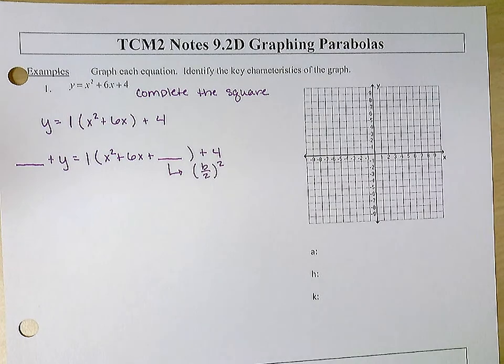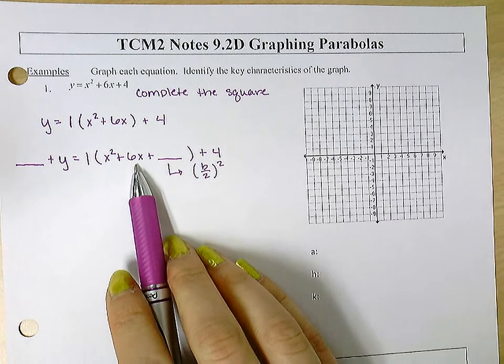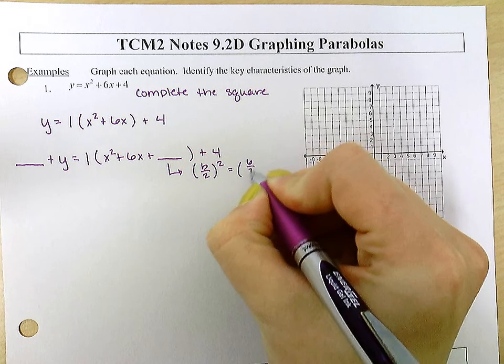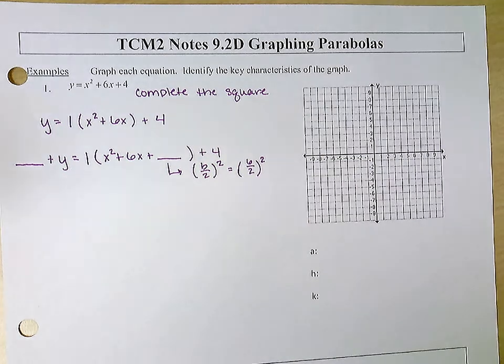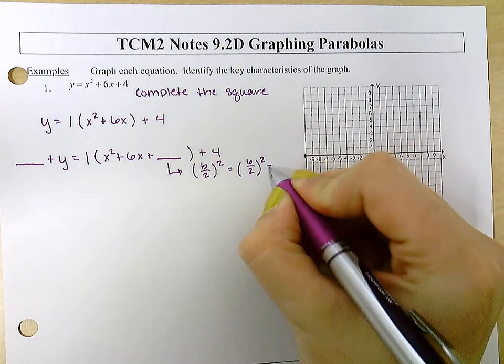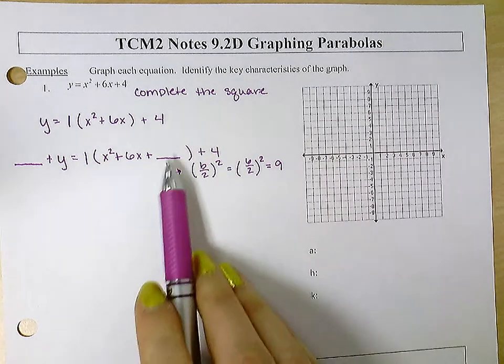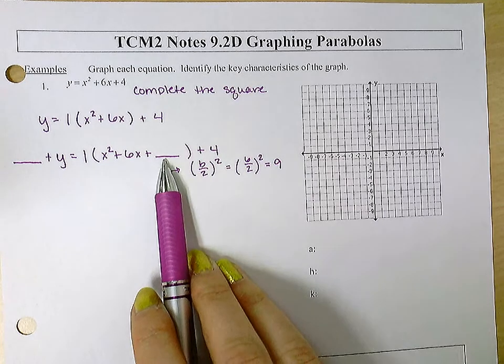Our b value in this case is 6. So we have 6 over 2 squared. 6 divided by 2 is 3. 3 squared is 9. So that means I'm adding 9 into this blank space right here.